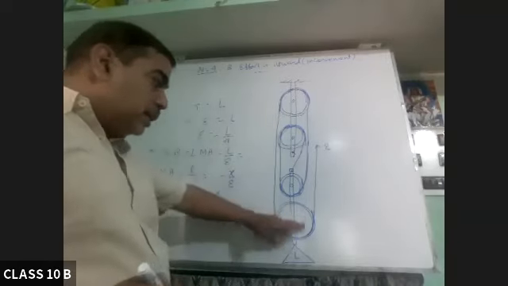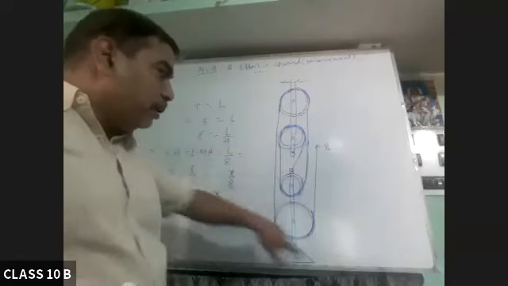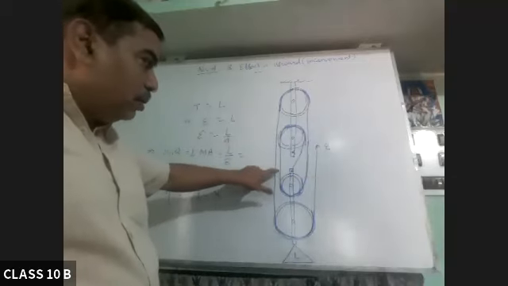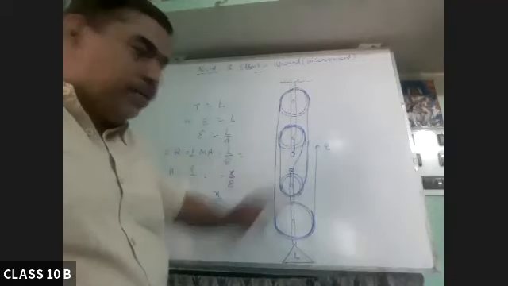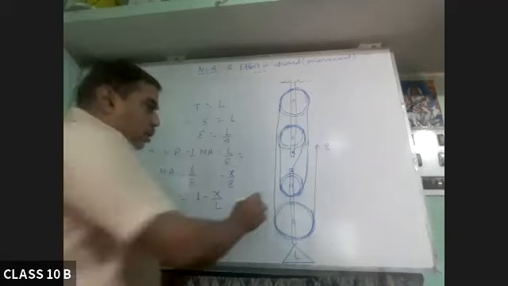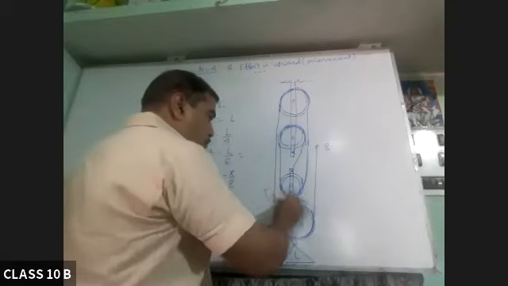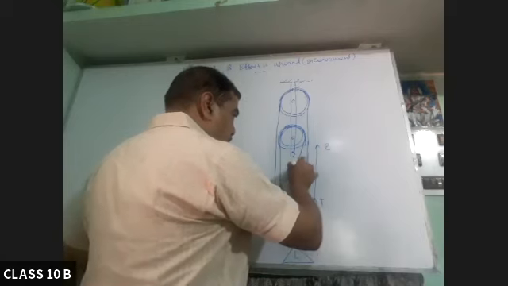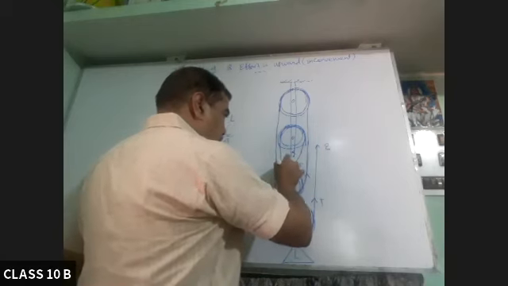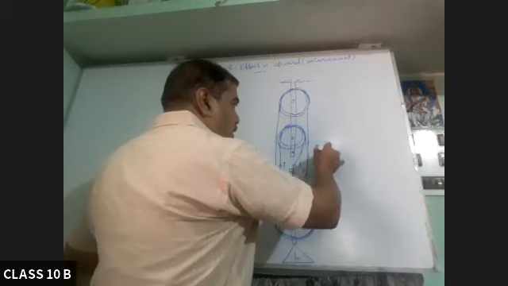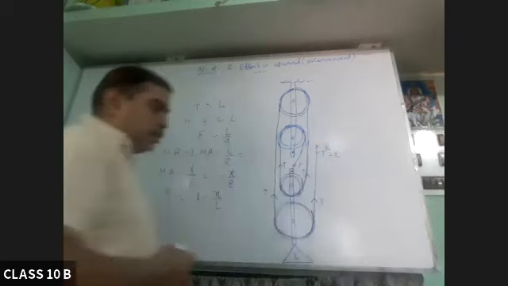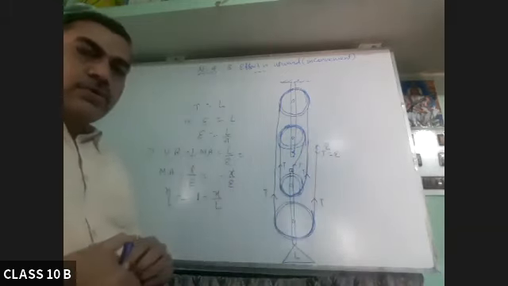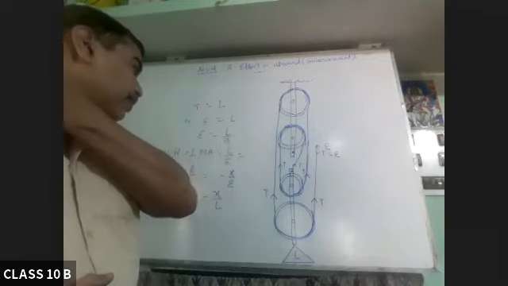So how many strands are connected to this movable one? 1, 2, 3, 4, 5. So in all these 5, you will have to show tension which is in upward direction. And one tension is this one. So at least we have to show this one.